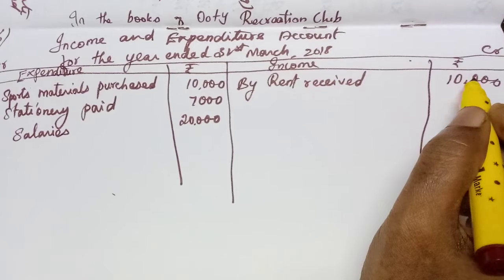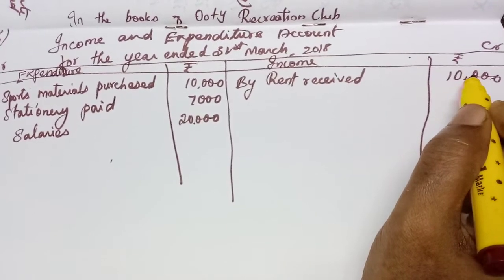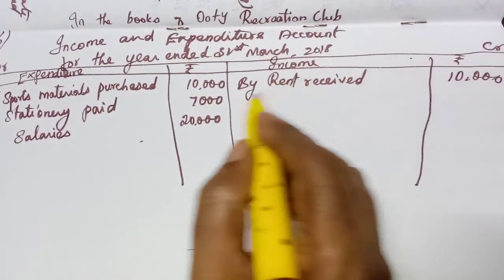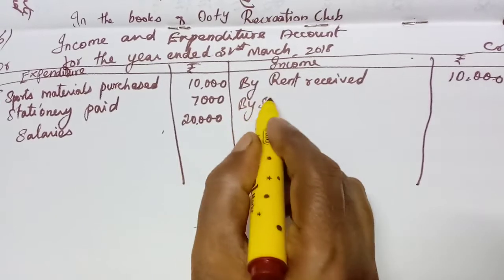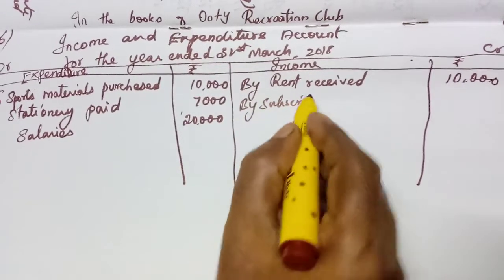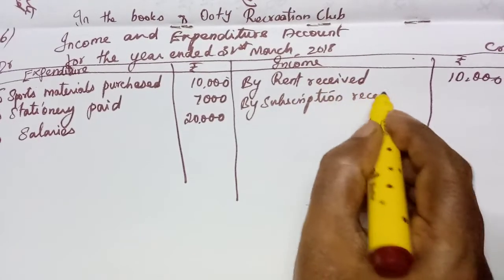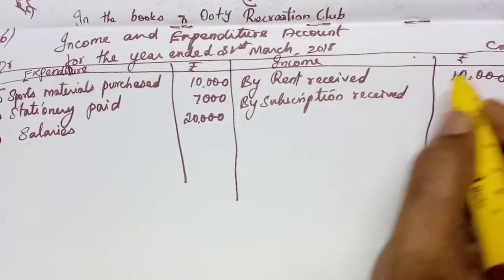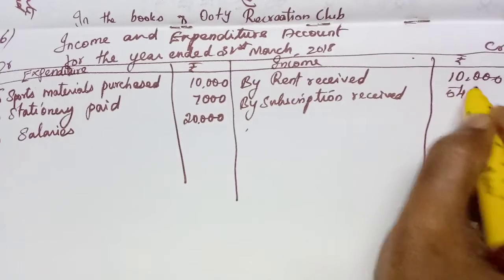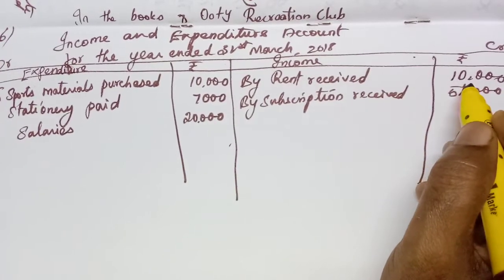Then sale of investment will not come, isn't it? Then subscription received. By subscription received, 54,000. That's all the items we have included.